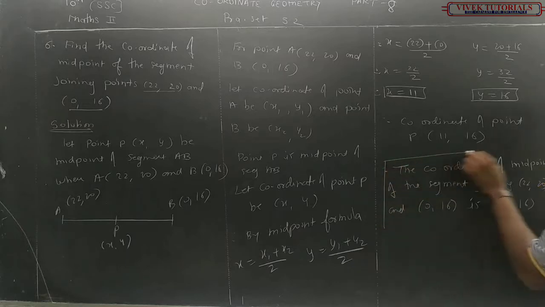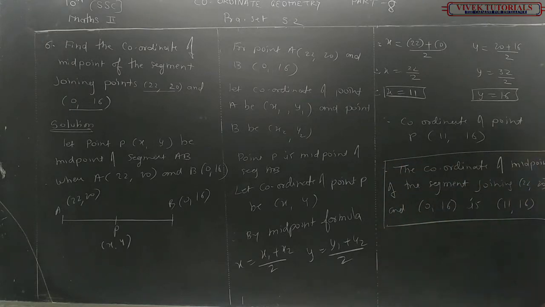This you are going to put in a box. This is your answer. I think there was not much to it, the calculation was like this, so copy down it properly.